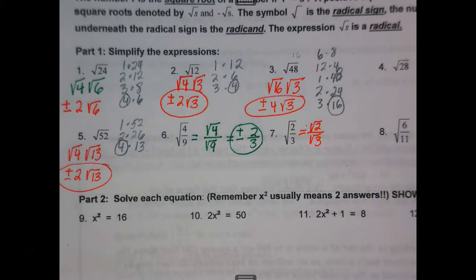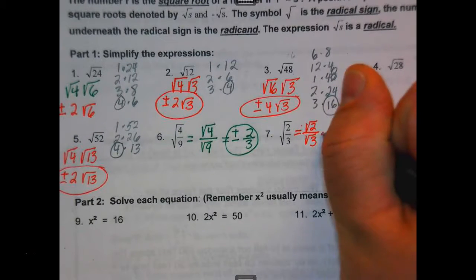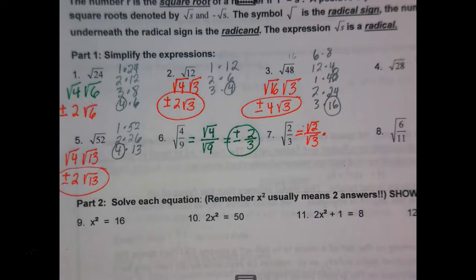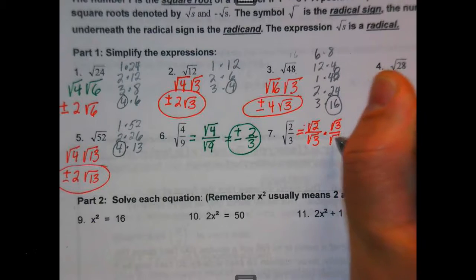So how do I get rid of a radical in the denominator? Multiply it by itself. So I'm going to multiply this fraction, and it's got to be 1, right?